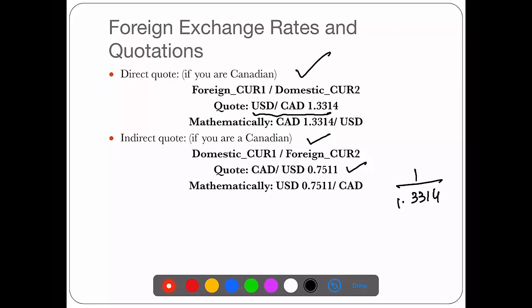And if, by paying some foreign currency, you are trying to find the price of 1 unit of your domestic currency in terms of the foreign currency, then that is indirect for you.